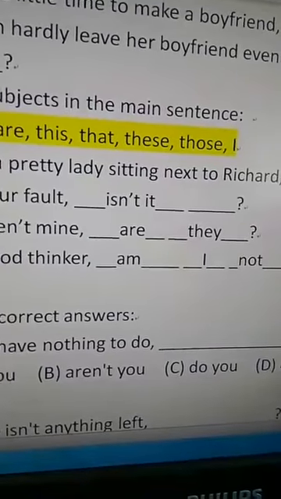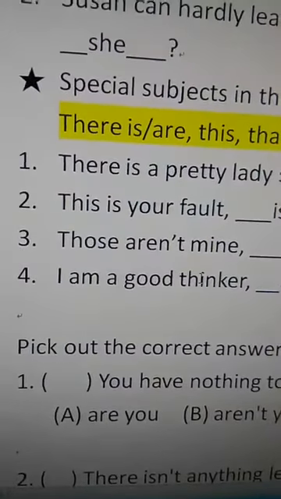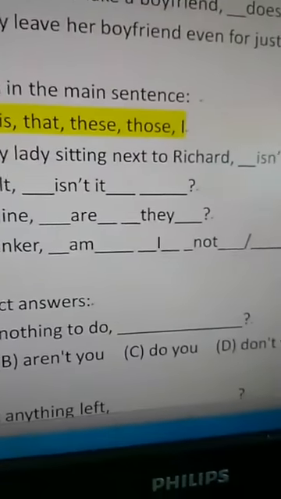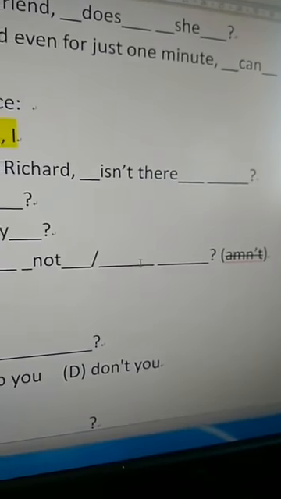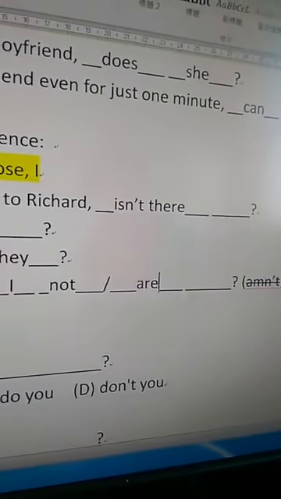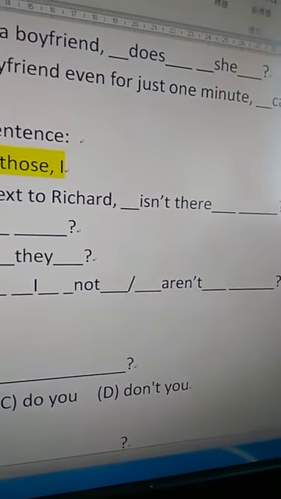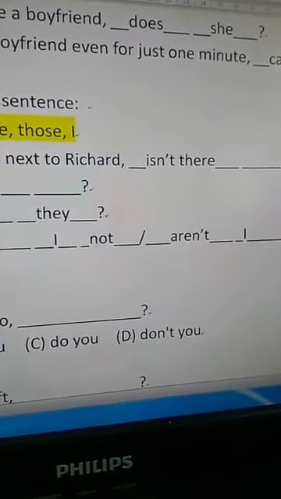And this is very important, okay? Because the subject is a little bit different. I am a good thinker, am I not? And another way to say it is amn't I? Okay, amn't I? So this is a very important sentence pattern here.